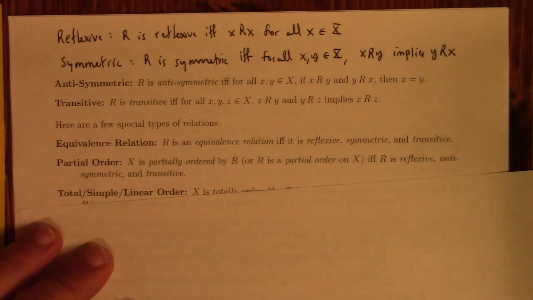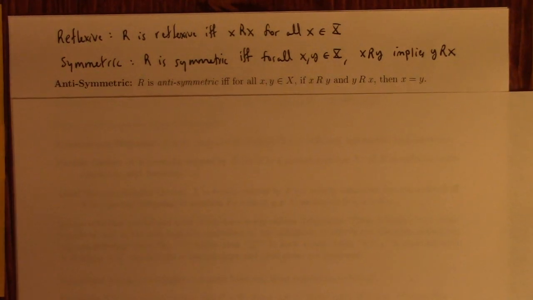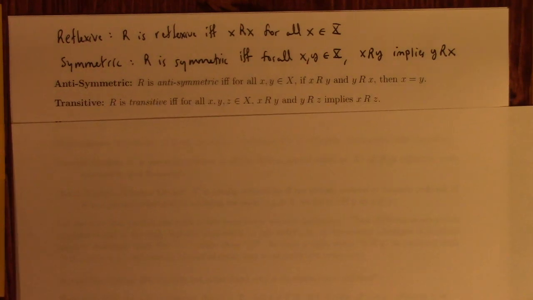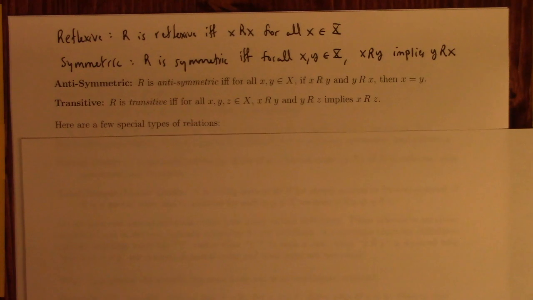That's symmetric. It's antisymmetric if whenever you have x relates to y and y relates to x, that forces x equal to y. It's antisymmetric. It's transitive if x related to y and y related to z implies x related to z.